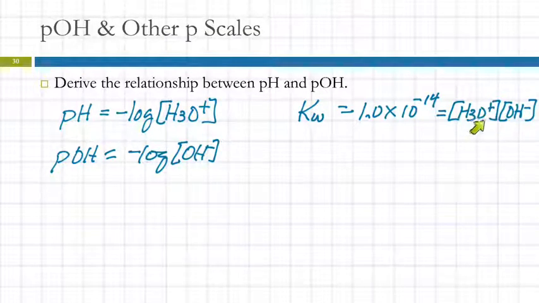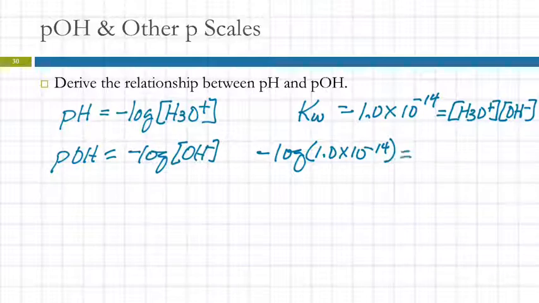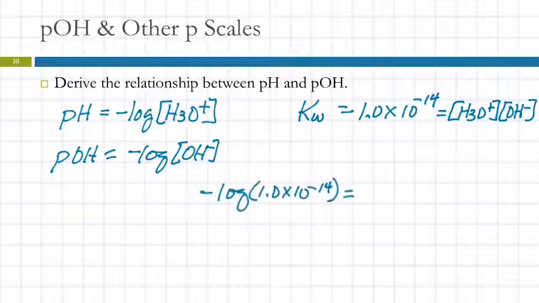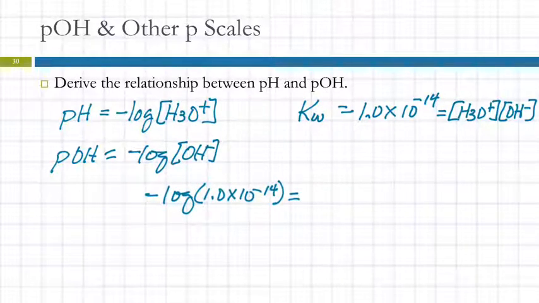So we could take this equation here and take the base 10 logarithm of both sides. You might think, why do we want to do that? But it's what we're going to do. So I'm going to take the negative log of 1.0 times 10 to the minus 14. And that's going to equal, I didn't leave myself much space here, I'm going to move this, because I can.